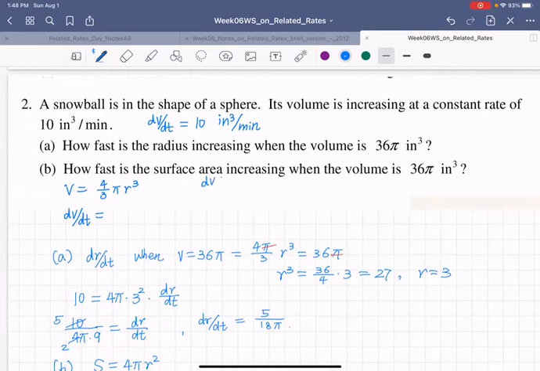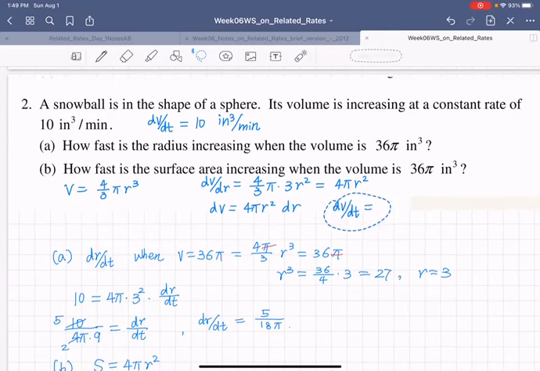If we do dV over dr, dV over dr is who? Correct. This equals 4 pi r squared, right? So dV equals to this. Make sense? Yeah.